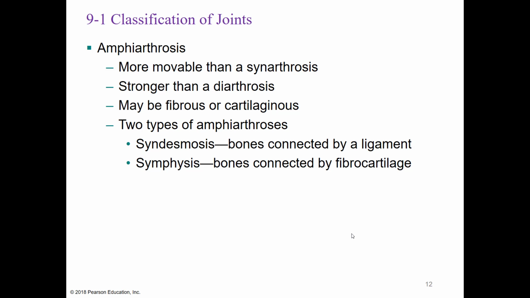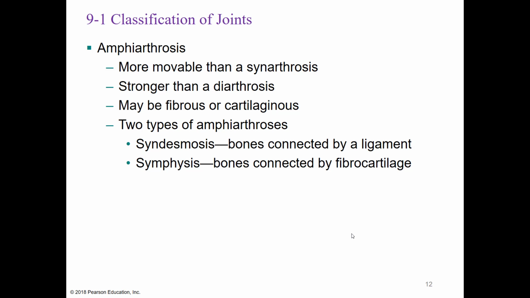So the amphiarthroses are the middle category. These are slightly movable, so not overly movable, but they do move some. They're more movable than the synarthrosis, stronger than the diarthrosis, which we're going to talk about next. And they can be fibrous or cartilaginous as well.